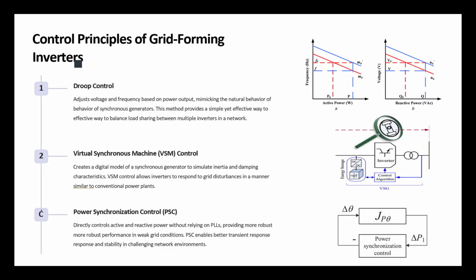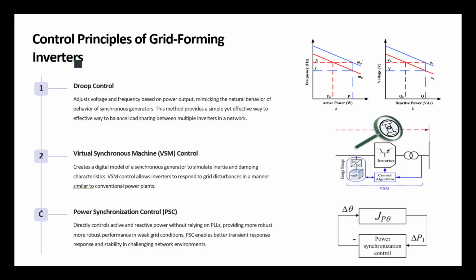And we use all the concepts that are already mature, all the analysis that is done on the rotary machine, and apply it to that equivalent model that we have for our inverter.